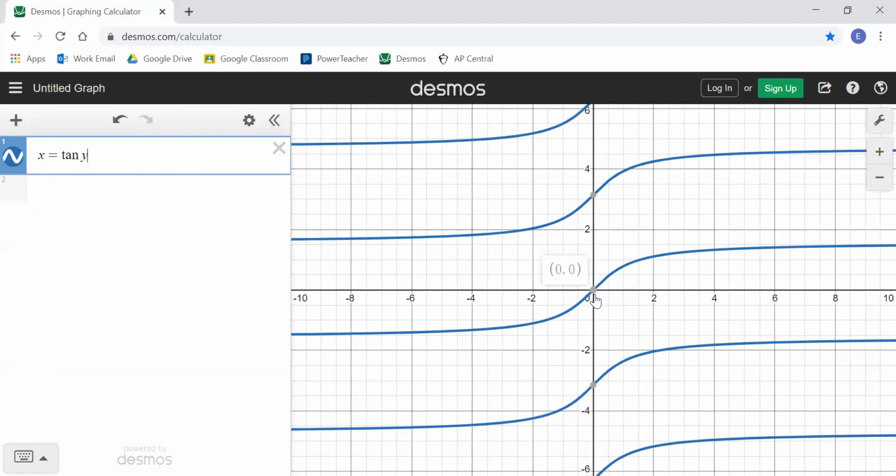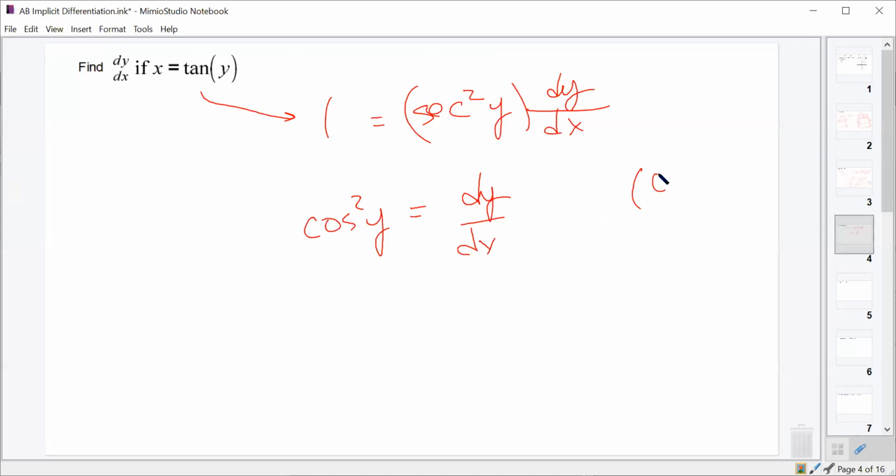Let's suppose we looked at the point 0, pi. That's clearly on the graph. So we're thinking about x equals 0, y equals pi. And if we were to plug that into our derivative, well, what's cosine squared of pi?